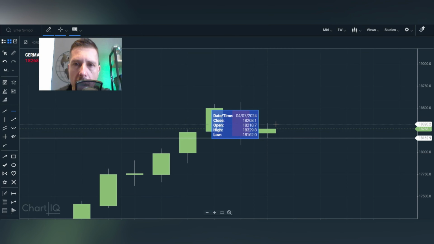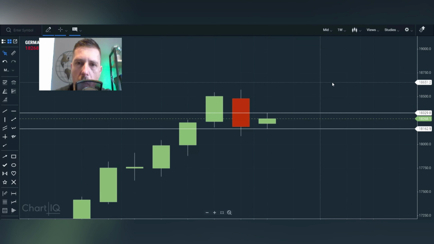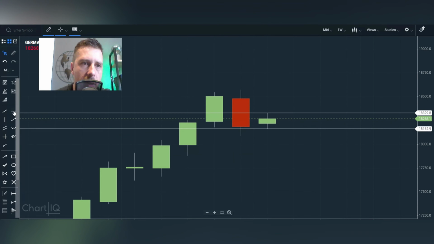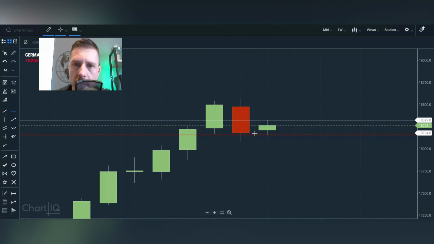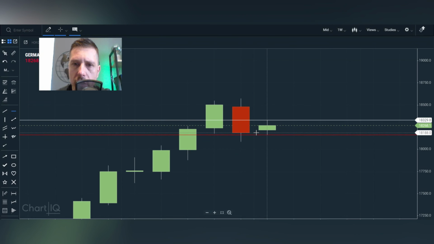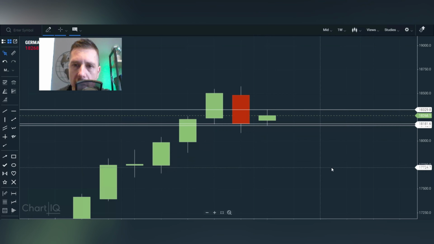The weekly high is 329. As you can see, the previous week close, we're going to mark that one as well, is 175. So 162 and 172 is going to be our key level.